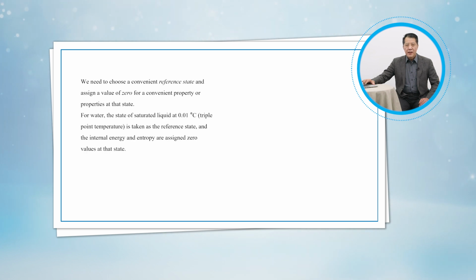For water, the state of saturated liquid at 0.01 degrees centigrade is taken as the reference state, and the internal energy and the entropy are assigned 0 values at that state.